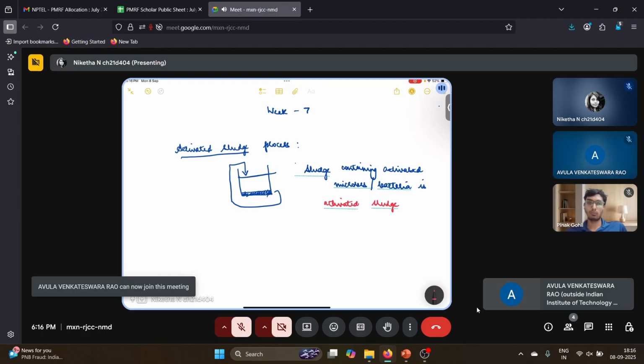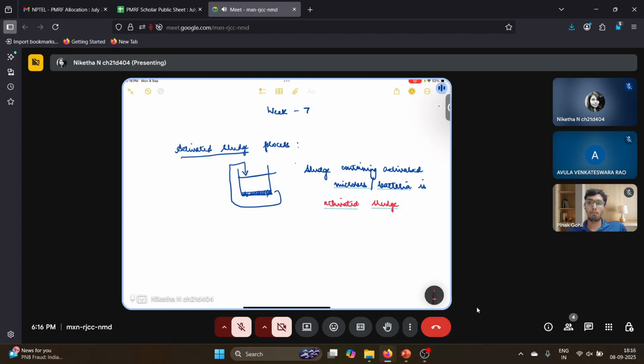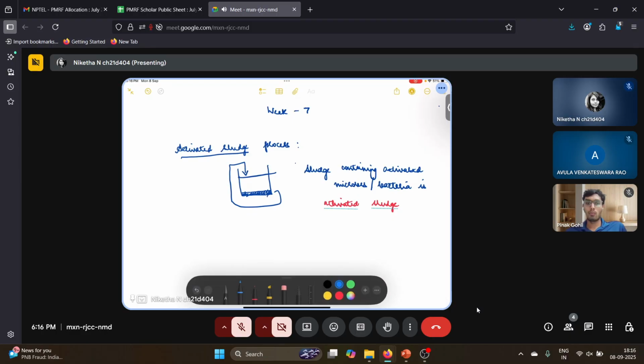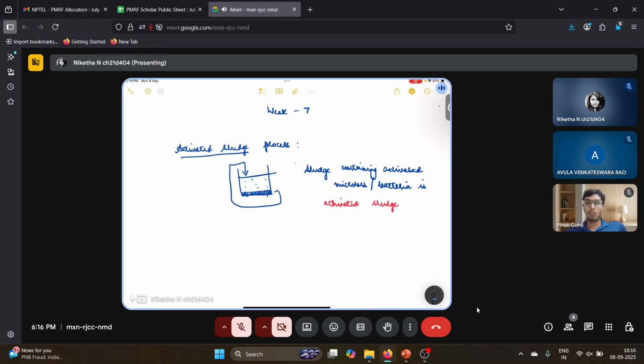So the activated sludge process means just that. You have some activated sludge which is collected at the bottom of the tank, and that is recirculated so that the bacteria come back inside. So the bacteria get repopulated, and it is a suspended process.